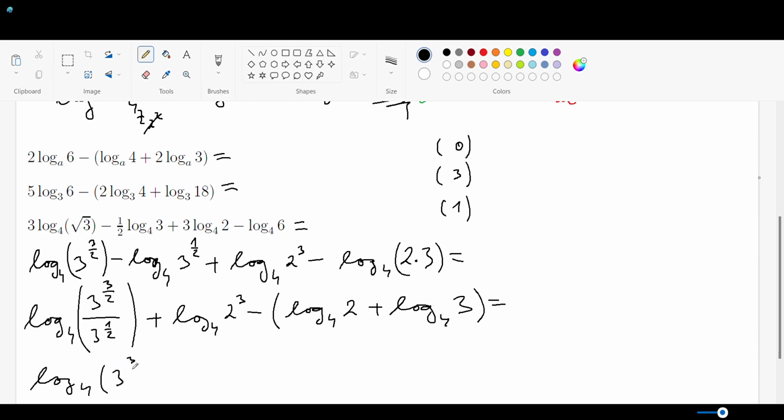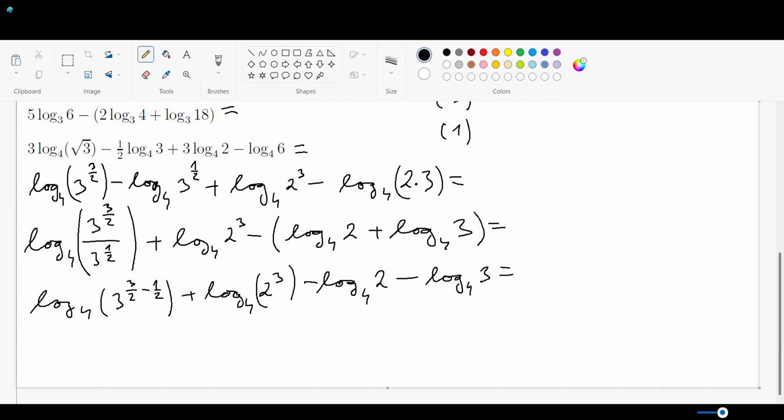so it will become logarithm base 4 of 3 to the power of 3 over 2 minus 1 over 2, okay, plus logarithm base 4, you can write 8, no, let's use 2 to the power of 3, minus logarithm base 4 of 2, minus, as the minus is in front of the parentheses, minus logarithm base 4 of 3 is equal to, okay.